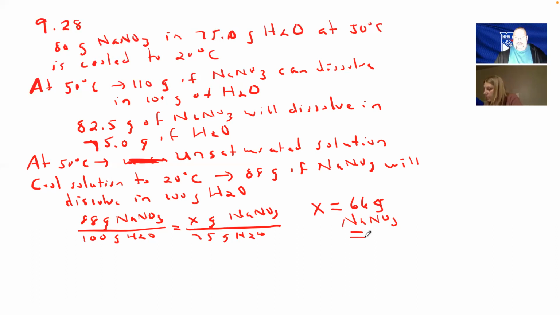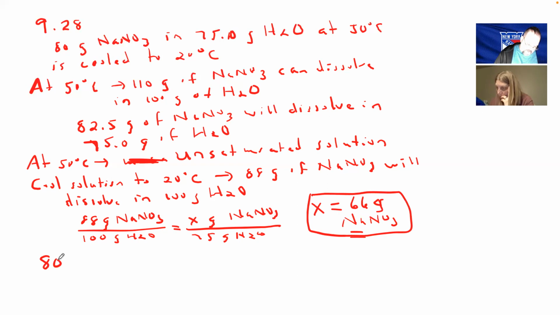So letter A, how many grams of sodium nitrate remain in solution? Well, there was 80 grams, but since we cooled it, only 66 of those 80 are able to stay in solution. And that leads us to letter B. How many grams crystallize out upon cooling?